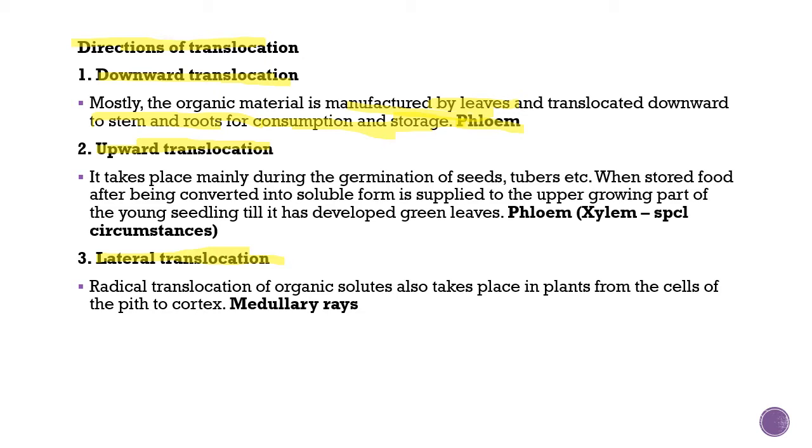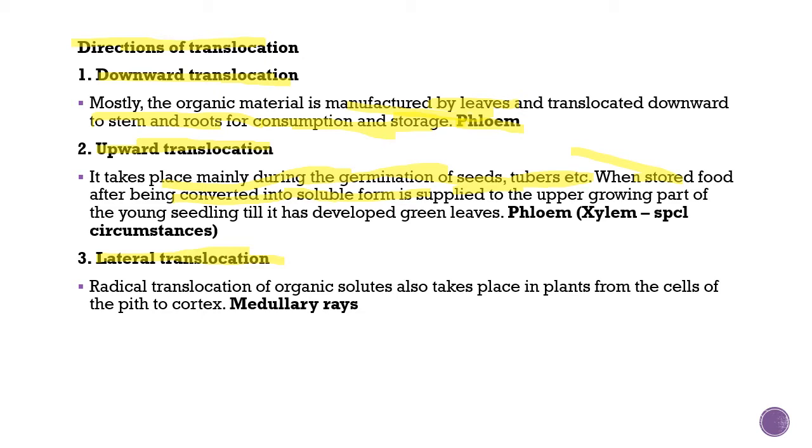Now regarding the upward translocation, this mainly takes place during the germination of seeds or tubers, or when the plant is in its seedling stage. Here the stored foods are converted into soluble form and applied to the upper growing part of the young seedling till it has developed green leaves.